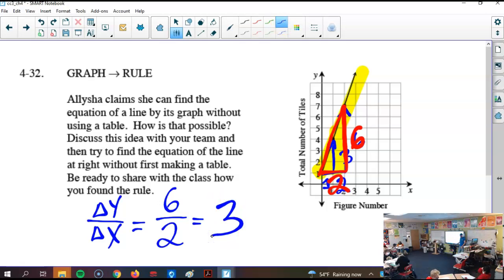So anytime we can draw a triangle, put your rise over your run: how far up over how far over. The blue one was nice. It was 3 to 1. But if it's not nice, do the division, or leave it as a fraction. Slope is often given as a fraction. All right, keep going.